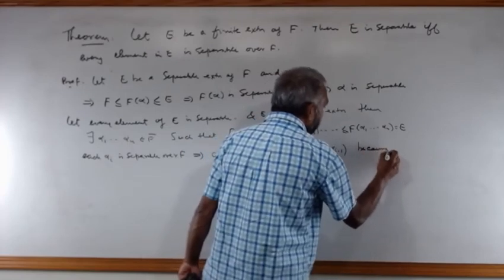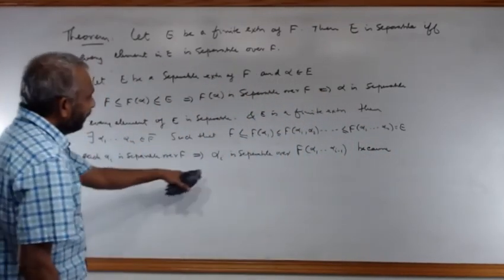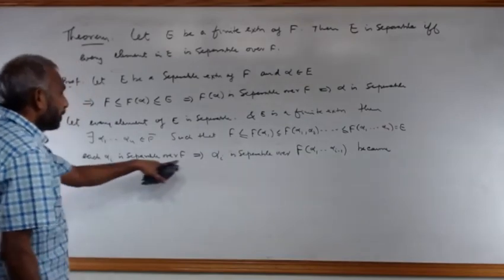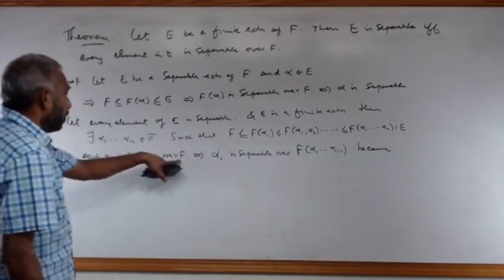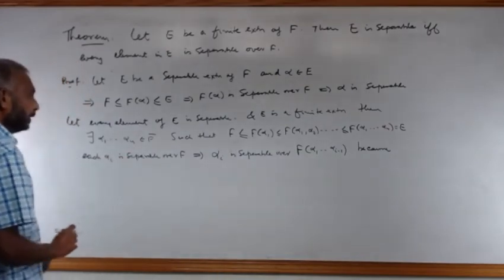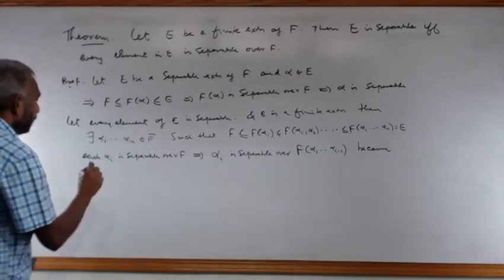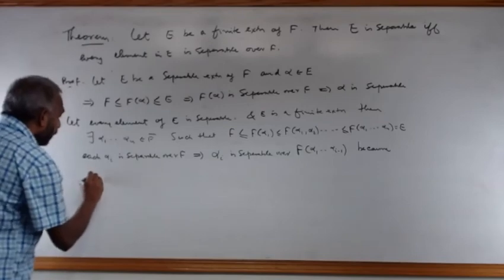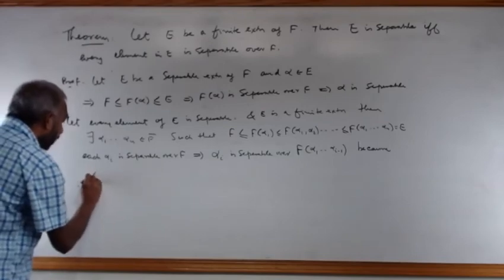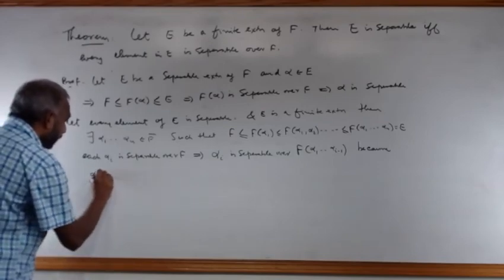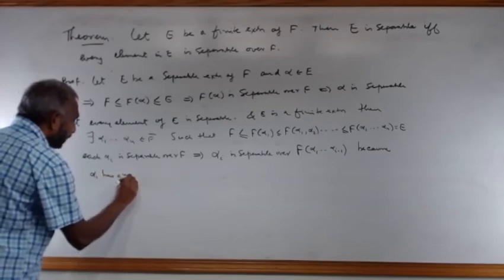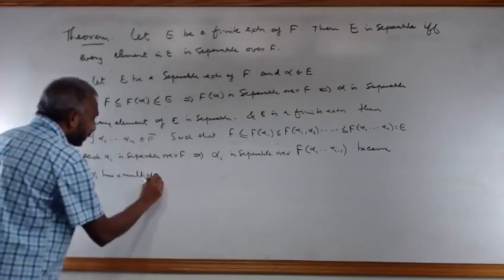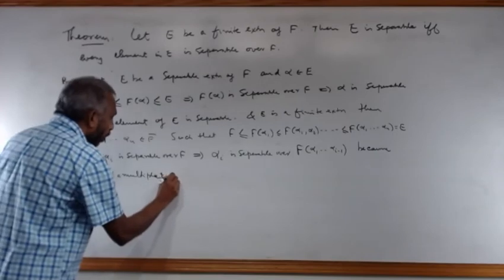because alpha i is separable over F means what? That means the irreducible polynomial of alpha i has multiplicity 1.